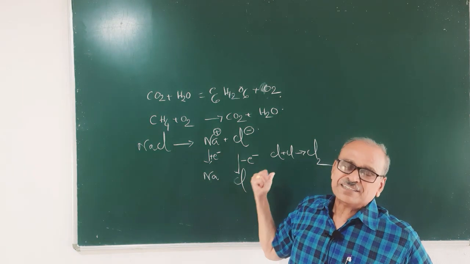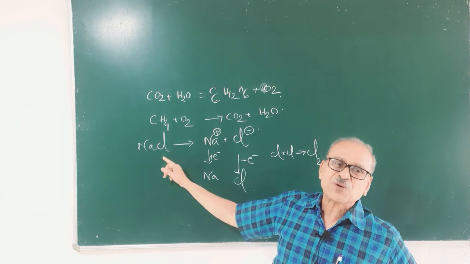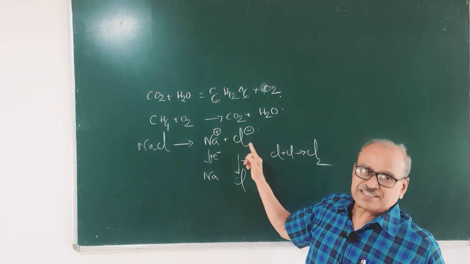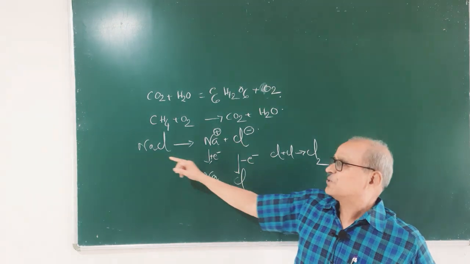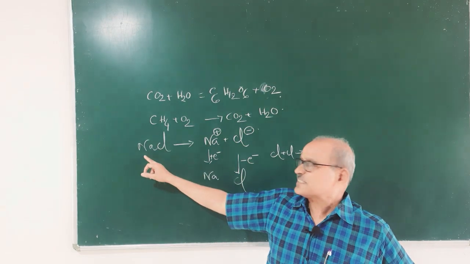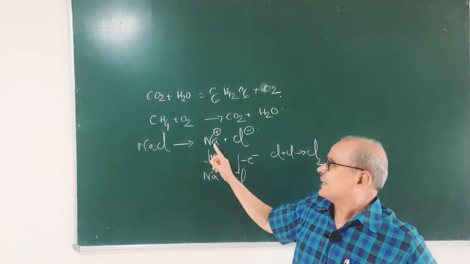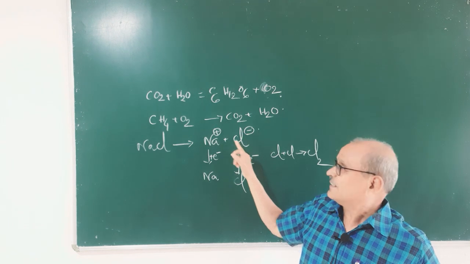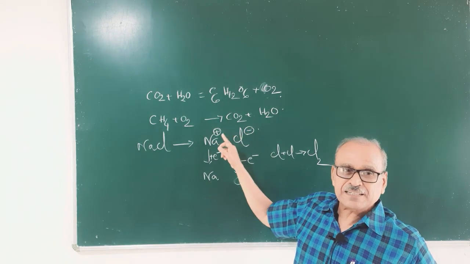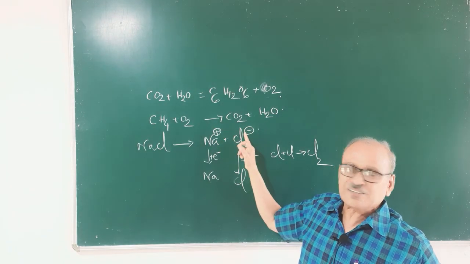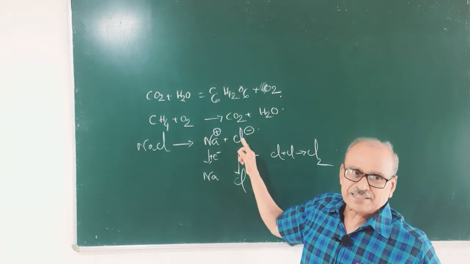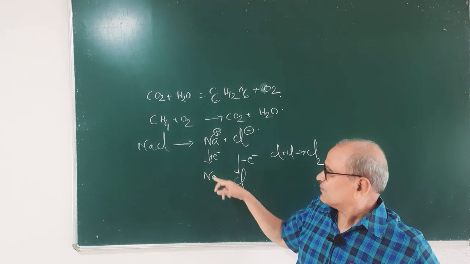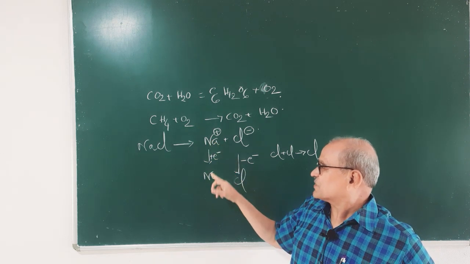Look into the third equation, sodium chloride. I put Na+ and Cl- as the division of sodium chloride. I call this a formula, and Na+ a cation and Cl- an anion. This plus and minus represent charges on sodium and chlorine respectively. Now, you observe Na+ plus electron is equal to sodium atom.